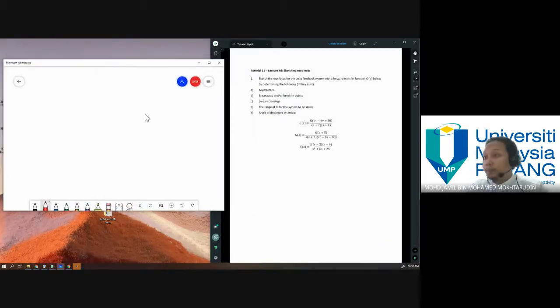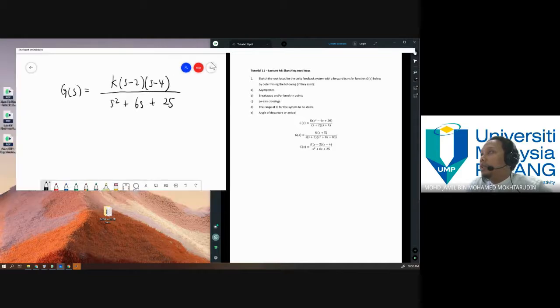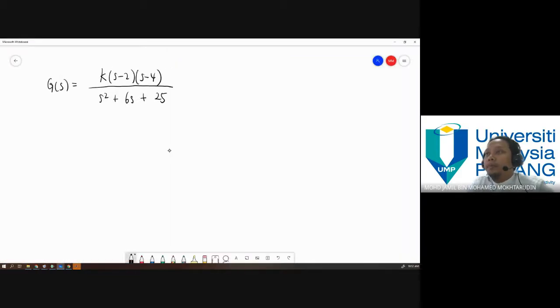So we have the same transfer function and system. So we have K (s minus 2)(s minus 4) over s squared plus 6s plus 25. Okay, so firstly, find the poles.